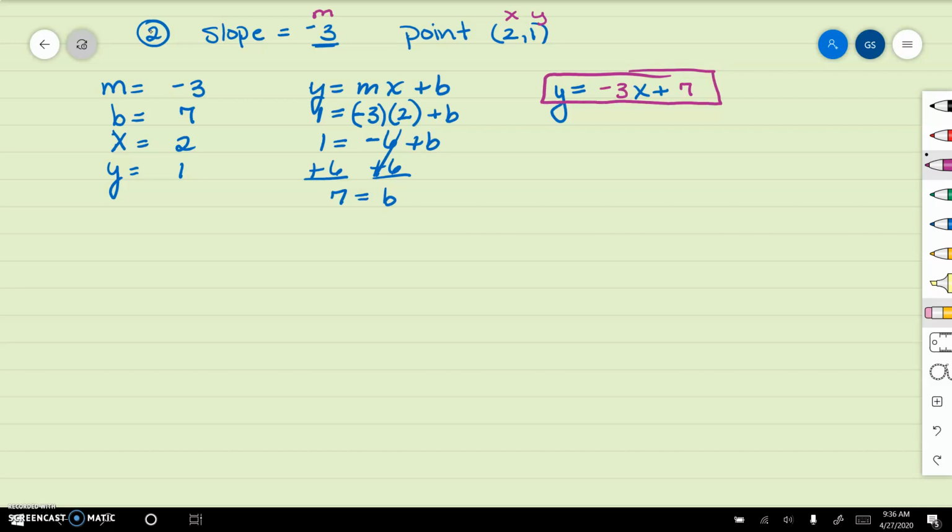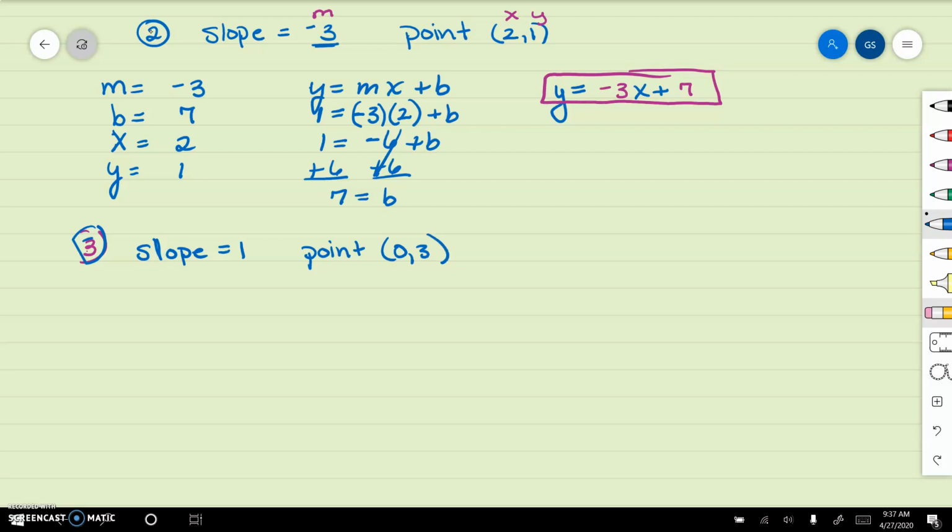Okay, so my third example, number 3. The slope equals 1. And the point they give us is 0, 3. All right.